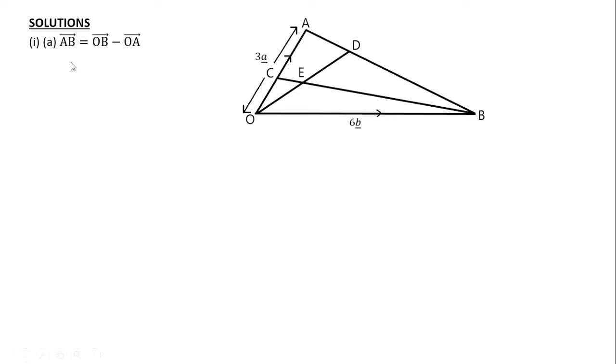So our vector AB will be equal to vector OB minus OA. Where there's OB, we'll replace 6B, and where there's OA, we'll replace 3A. Vector AB is equal to 6B minus 3A.